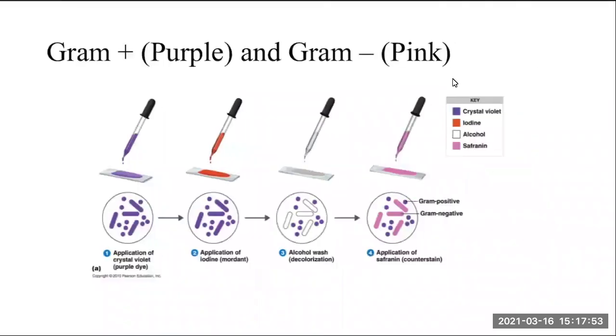Okay, so pretty much with this particular technique, first you would make a smear. So that's the first thing that you have to do. And when we say make a smear, it's to go through that whole thing that we talked about last week, where cells are smeared onto a slide.